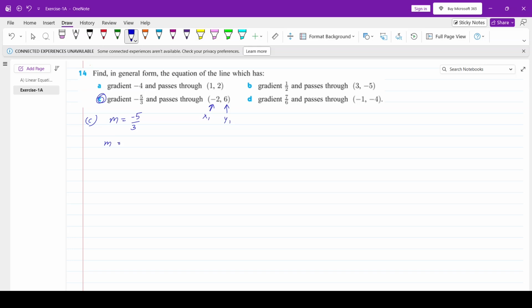Then we say m is equal to y minus y1 divided by x minus x1. Minus 5 by 3 is equal to y minus y1, which is 6, over x minus x1, which is minus 2.